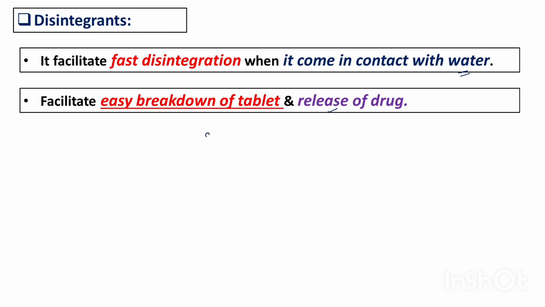Examples of disintegrants are starch and methyl cellulose.